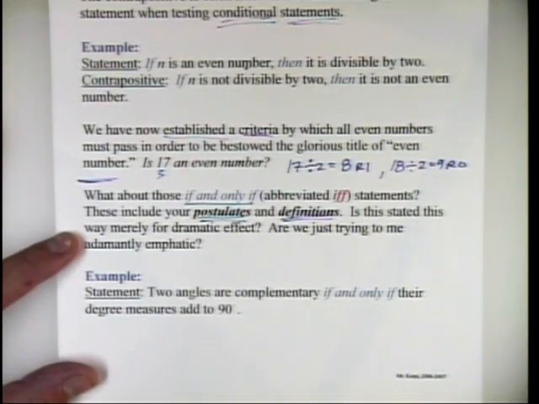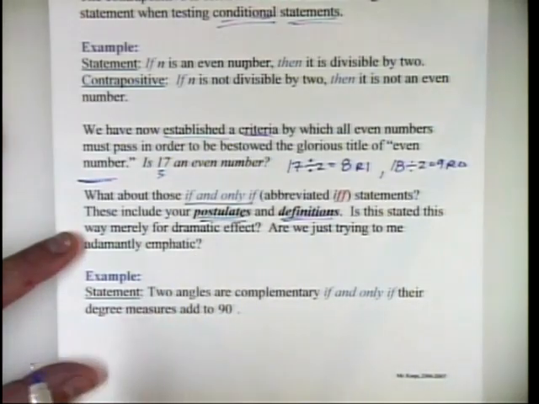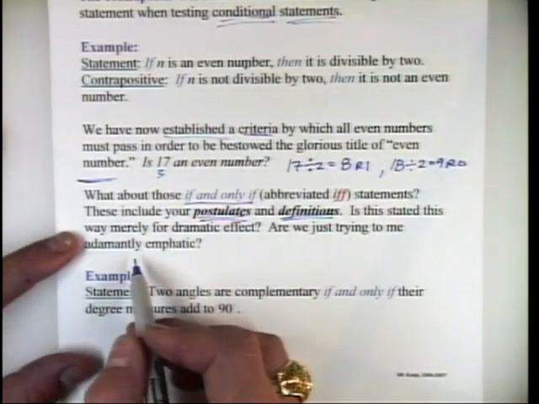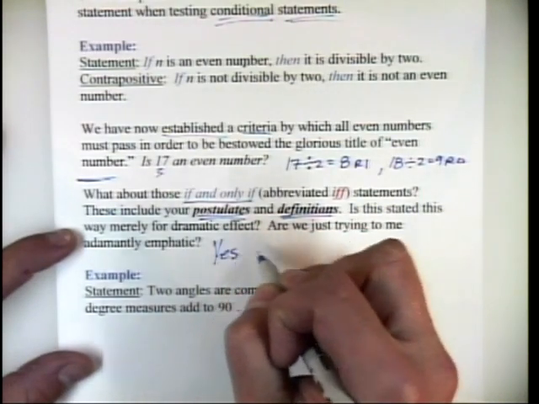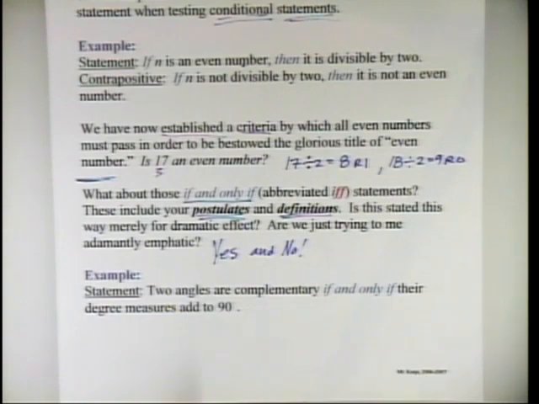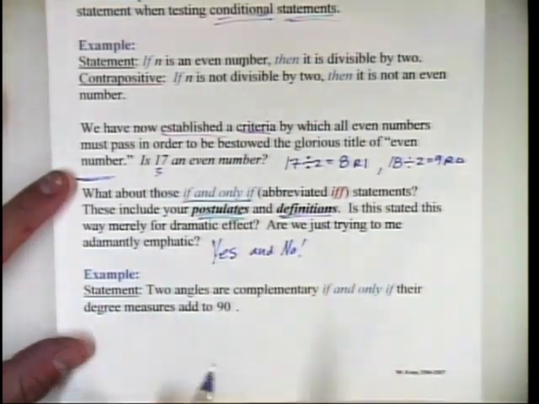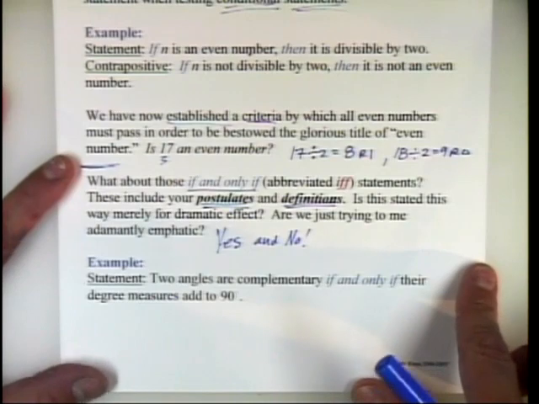So what's with the if and only if? Is it stated like this merely for some type of dramatic effect? Are we math teachers just trying to be adamantly emphatic? Well, the answer is yes and no. Okay? We are trying to draw attention to the fact that if and only if is different from an if-then statement. But no in the sense that it does have mathematical meaning aside from just trying to be emphatic.